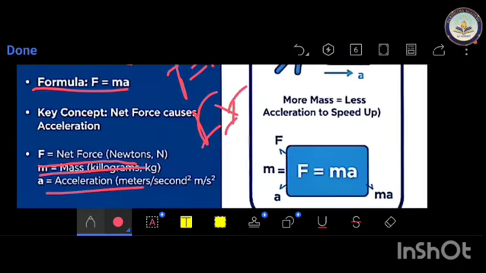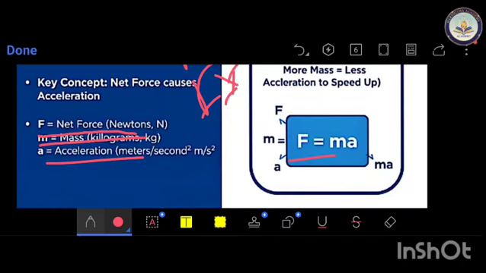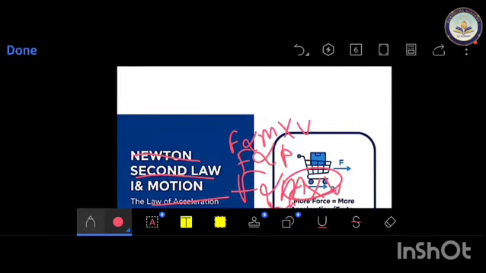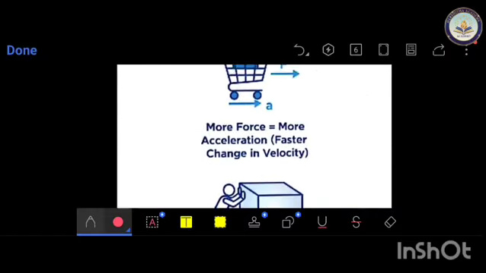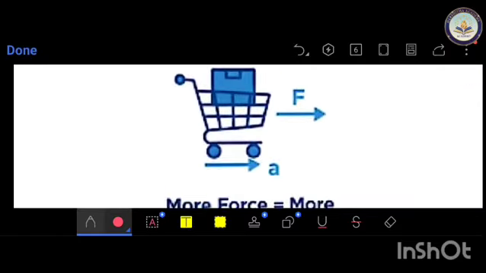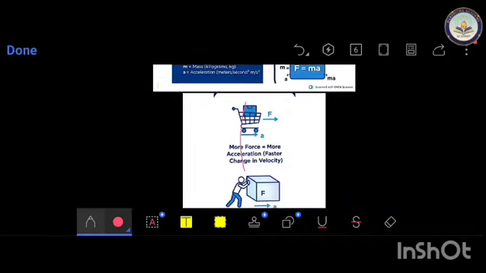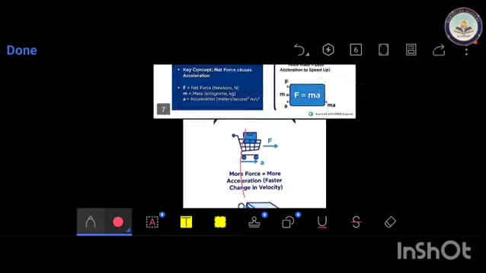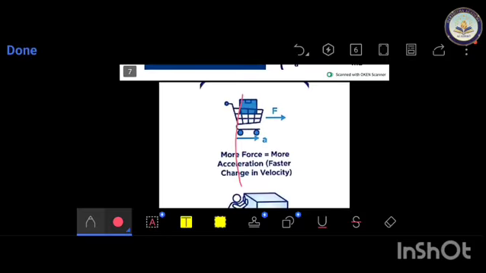Here a diagram is given, about F equals ma. You want to see here, it's an image of that. In this image, once again: more force, more acceleration, faster.